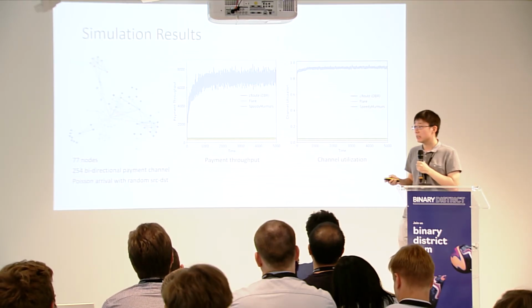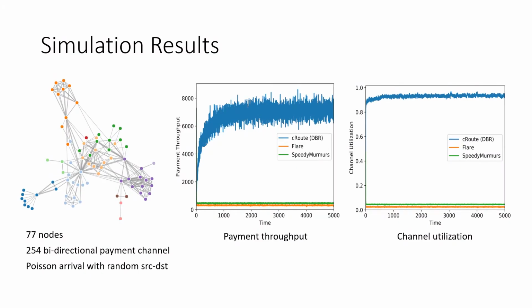And we can see that once the payment volume goes up, the traditional routing algorithms based on shortest path routing may perform really badly, because they need to continuously reconverge, and they can never reconverge, based on our simulation results. And we can see that the channel utilization in our protocol can be very high.